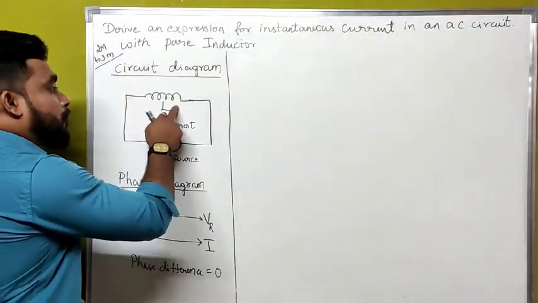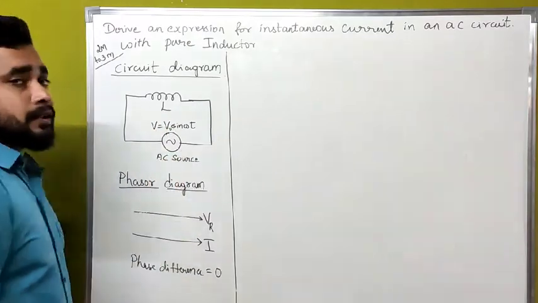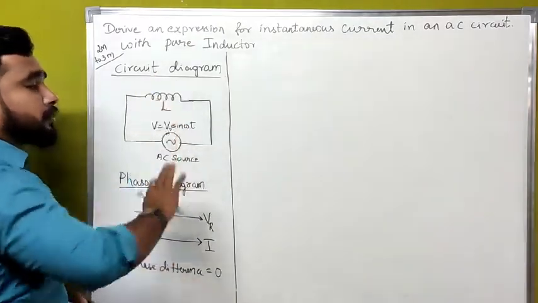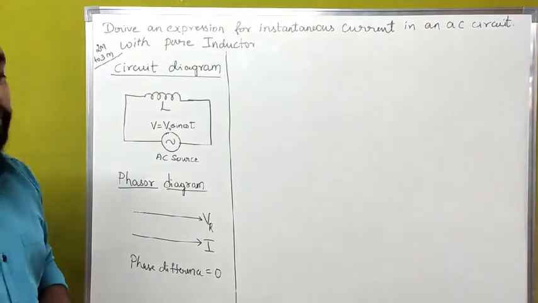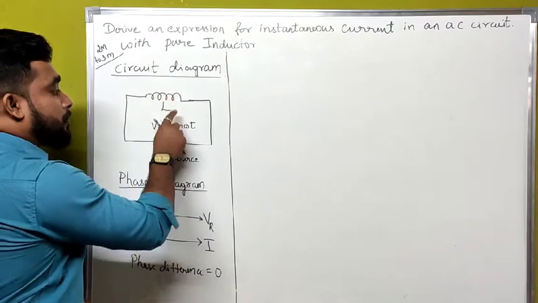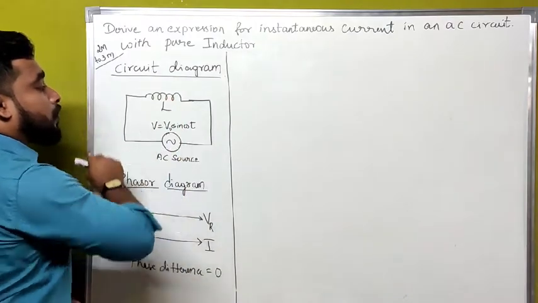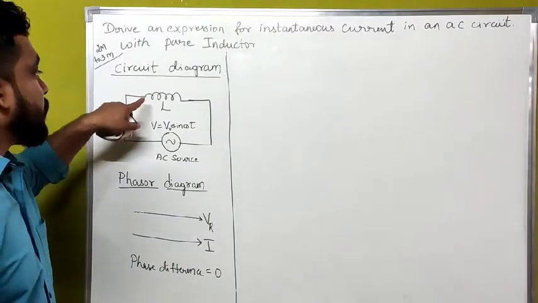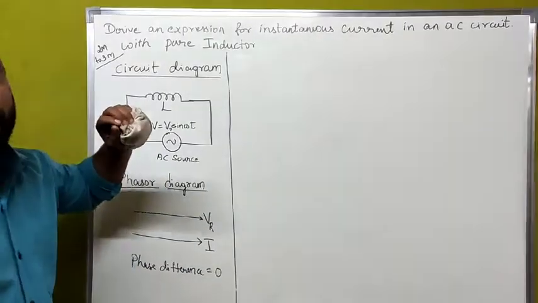Here we have a pure inductor along with an AC circuit. The remaining things in this particular circuit will be like this only. But if the current is flowing from this particular direction, it won't allow it to change its direction again. That is the concept of inductor.